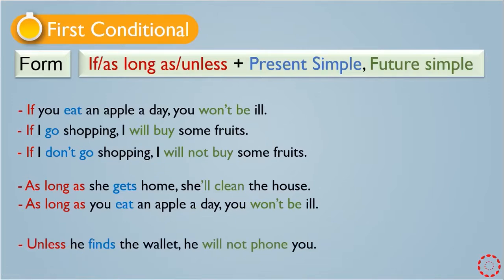Because as we said, "unless" has a negative meaning, that's why the first sentence, I mean the present simple, should be positive, and the second one, I mean the future simple, should be in the negative form. As you see, unless he finds the wallet, this is the positive one, he will not phone you. He will not. We should negate the second sentence, I mean the future simple one.